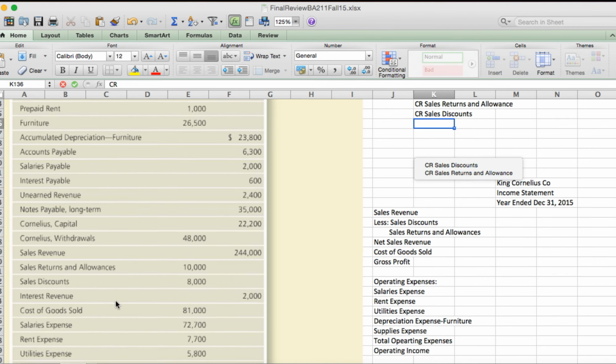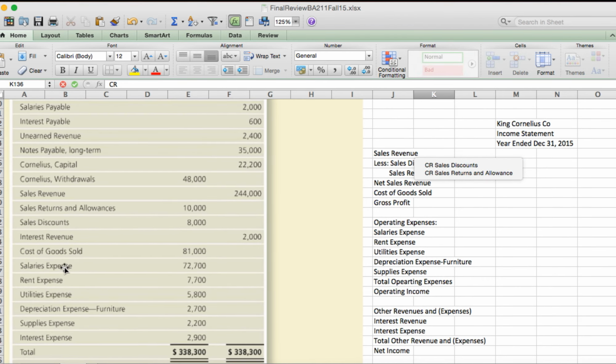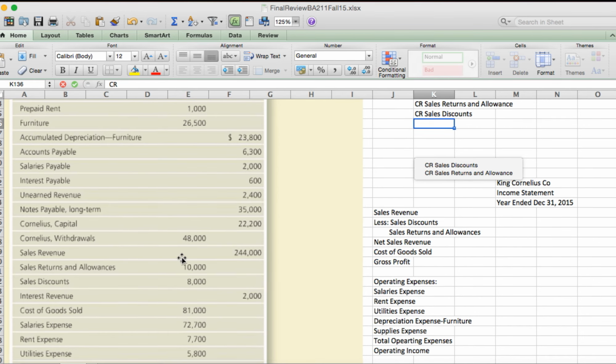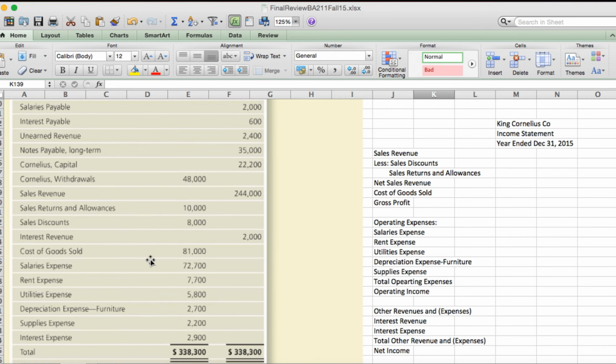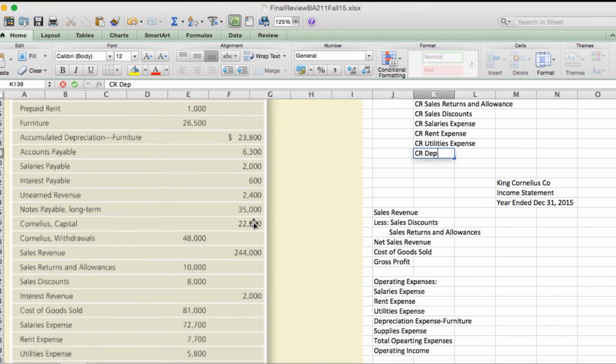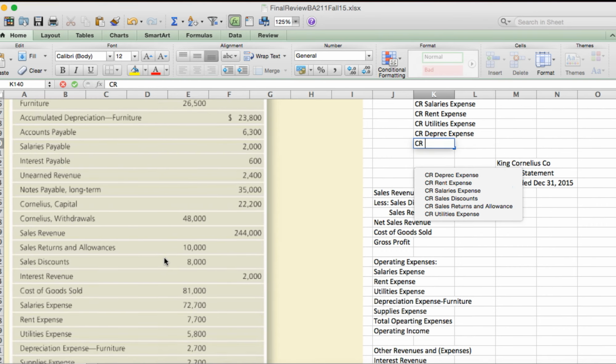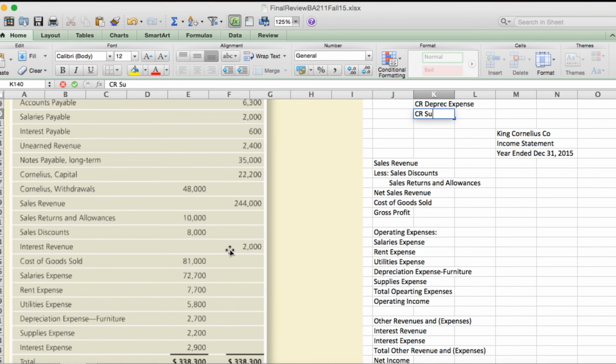Then we have all of the accounts that are actually labeled as expenses: salaries expense, rent expense, utilities expense, depreciation expense, supplies expense, and interest expense.